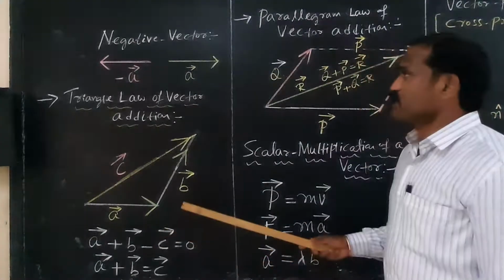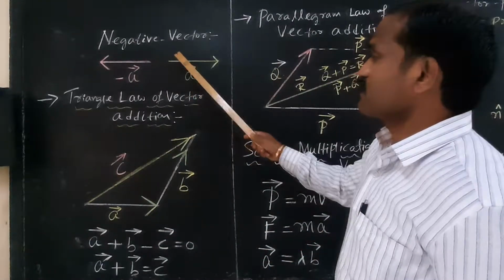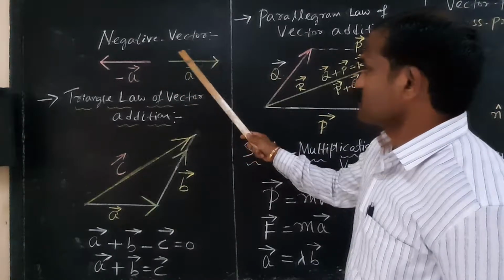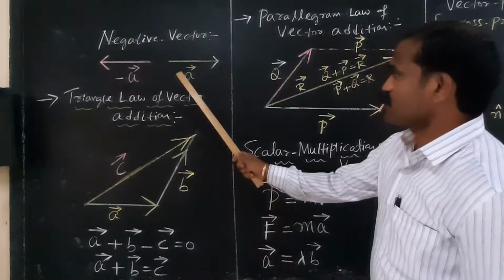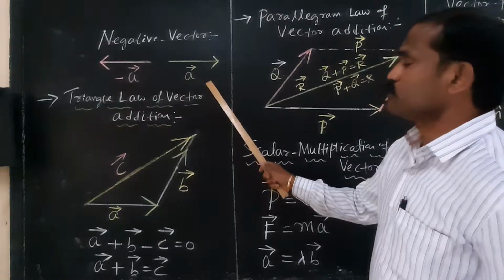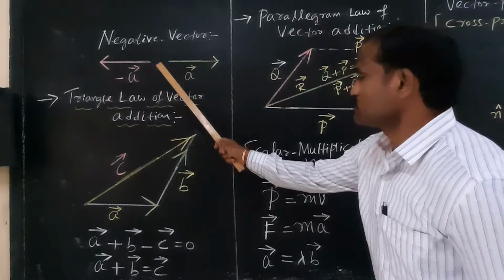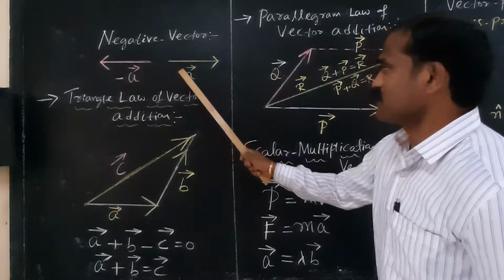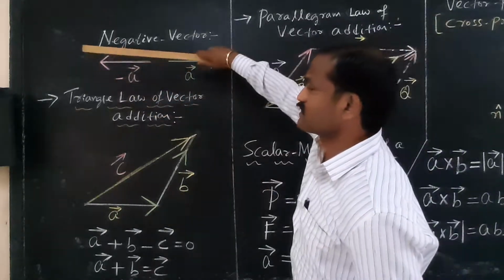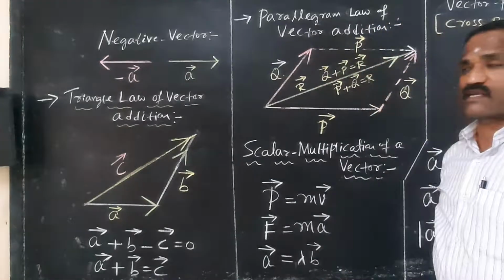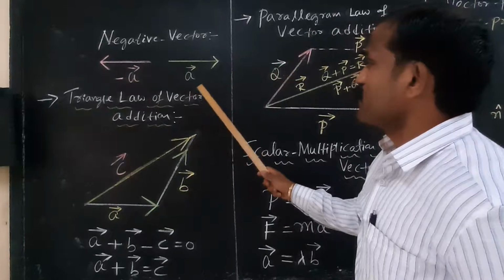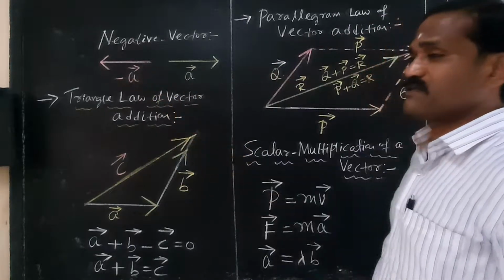What do you mean by negative vector? See here, this is the vector A acting along the positive x direction whose magnitude is 10 units. Opposite to this vector A, this vector is acting in the opposite direction. This is what is called a negative vector. Therefore, the negative of vector A is minus A vector.